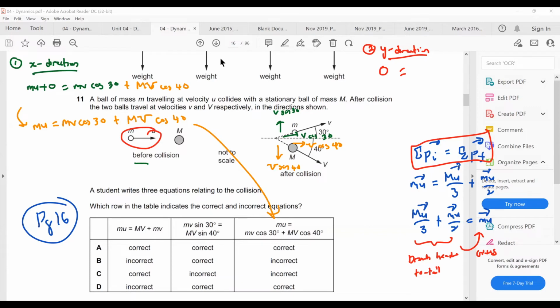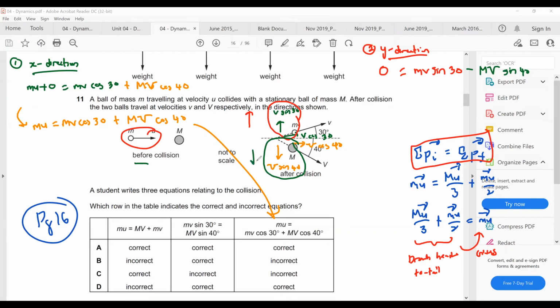But what about the vertical momentum after collision? This one you take small m multiplied with v sine theta. So this one will be mv sine 30. And then this one will be, you take the big M multiply with v sine 40. So this one will be negative because this one was momentum in this direction.